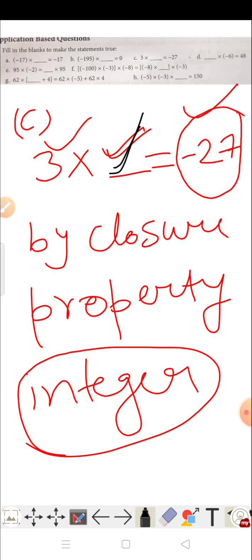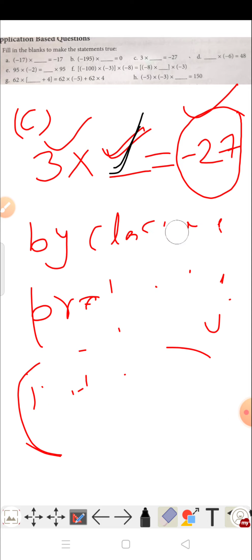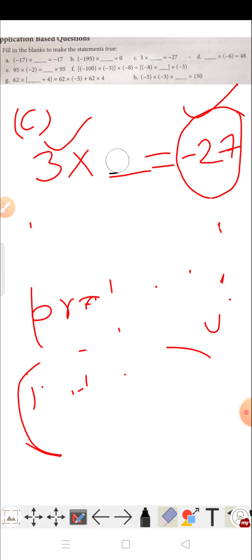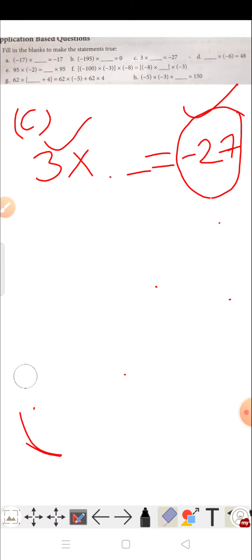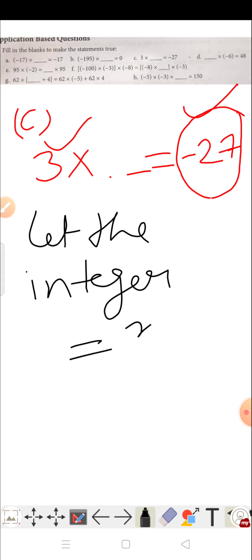Now how can we find that integer? Look at here. We suppose that the integer which comes in this blank is x. Let the integer be x.